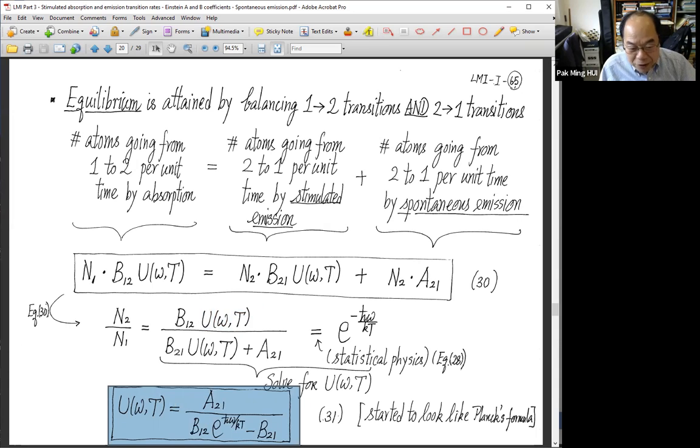Now, I hope that you started to see that it looks like Planck's formula, and you have B12, and it is this B21, stimulated emission, that gets into this place. If you don't have this term, you will never get this -1 in the denominator, you see? Okay, so this is what we can get up to now.